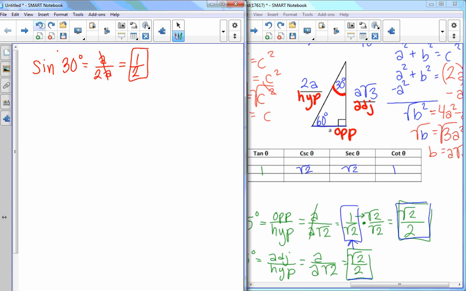Okay, now we're going to do the cosine. 30 degrees. So, CAH. If you could give me the ratio for CAH. Good, just our hypotenuse. So on our triangle, what's the adjacent? On the triangle there, label what's the adjacent.